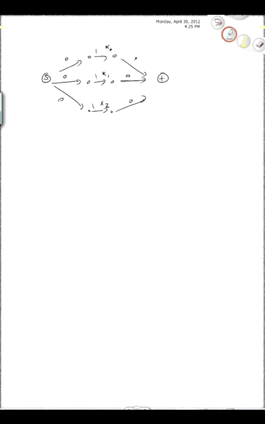So we have 3 attack variables, x0, x1, and x2. But we want x0 plus x1 plus x2 to be less than or equal to 1. And we want all 3 of them to be binary. So in other words, we're saying you can only attack one of these bridges.